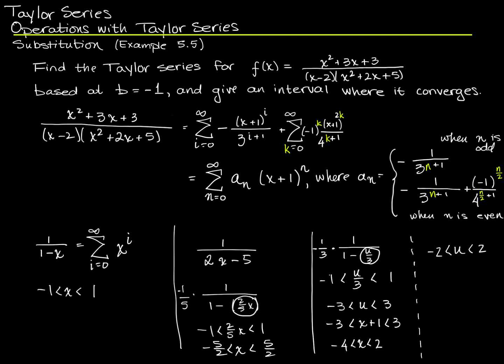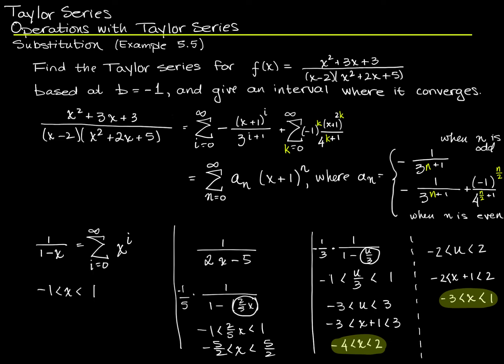So if we have u between -2 and 2, then x plus 1 is between -2 and 2. And subtracting 1 from all three of these, I get -3 is less than x is less than 1. So this interval of convergence applies to the first term in the series, and this one applies to the second term.